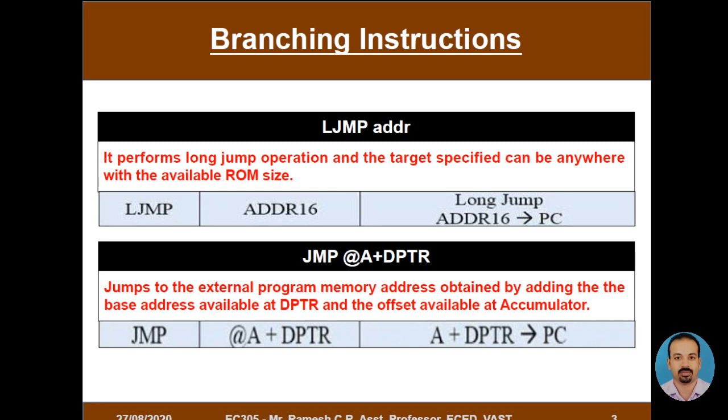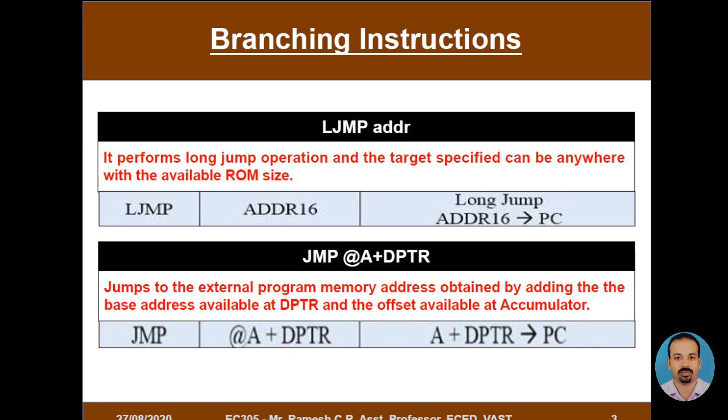So from the current location it can go up to a 64 KB location. Within that span, in between the 64 KB, to any location, I can transfer the program execution control.